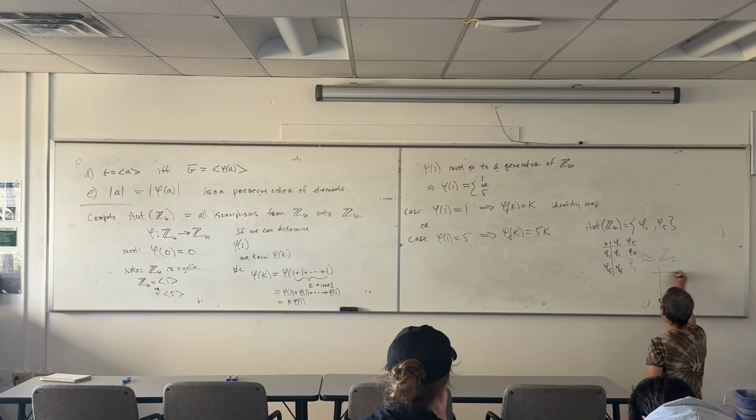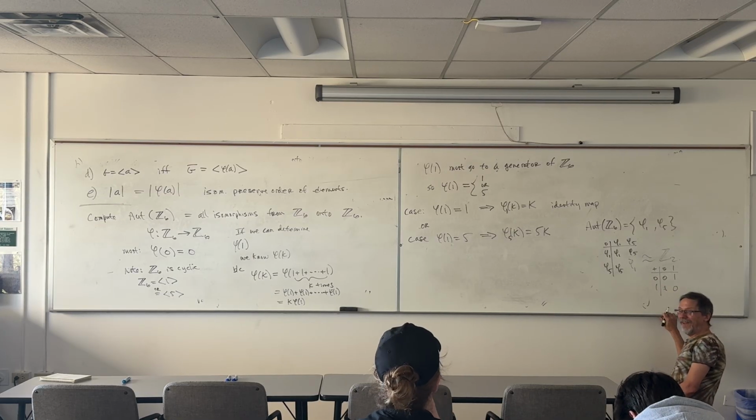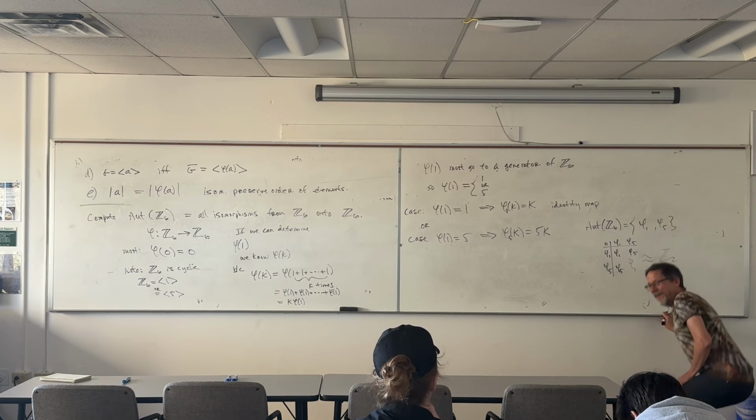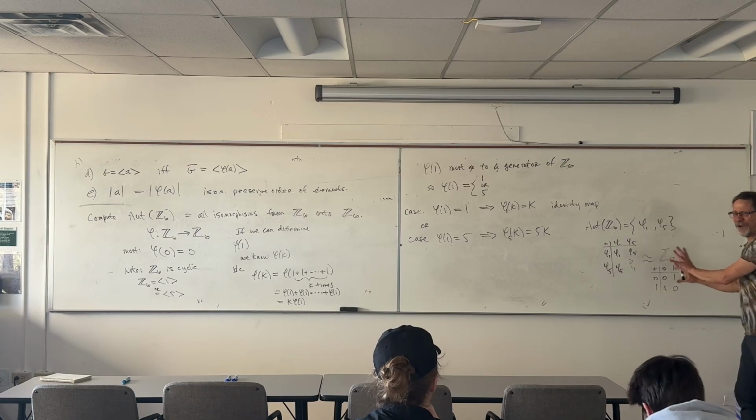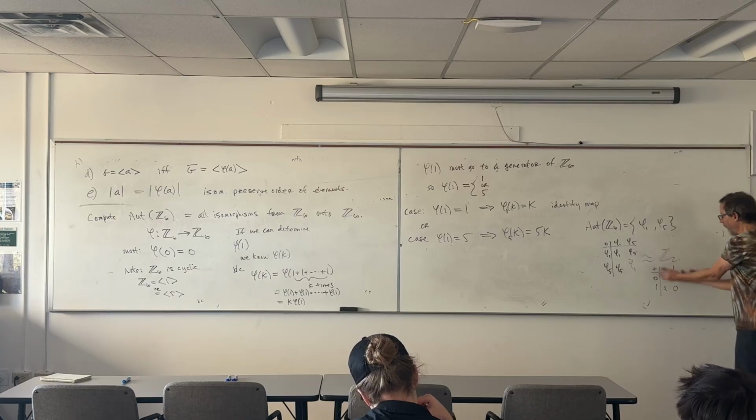It's isomorphic to this group here, with addition 0, 1. So there's like this cool structure hidden here, right? All these little structures that we can come back to things we understand.